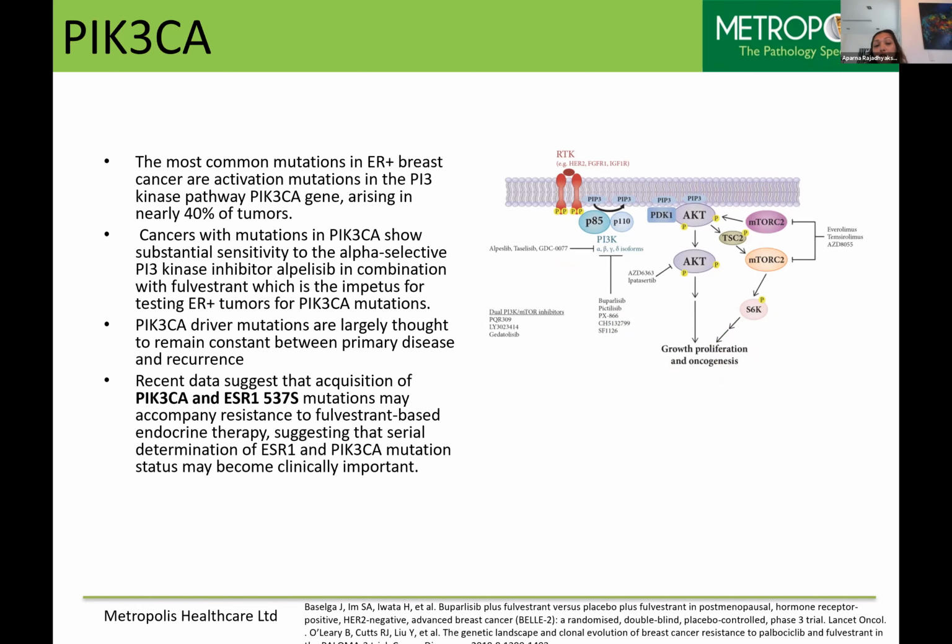Very rarely do they change, or do you get additional mutations later. However, recent data has shown that acquisition of particular PIK3CA and ESR1 mutations may accompany resistance to fulvestrant therapy, suggesting that serial determination may be needed.